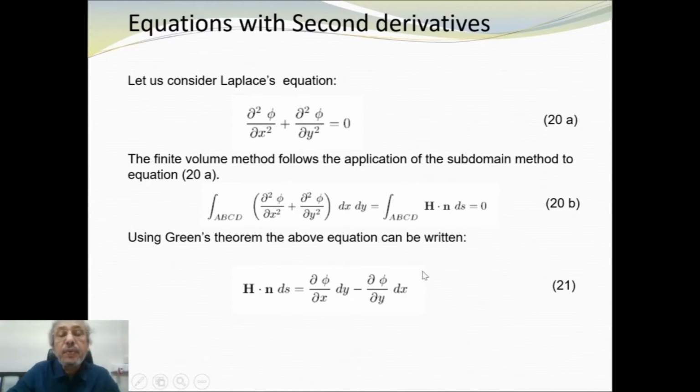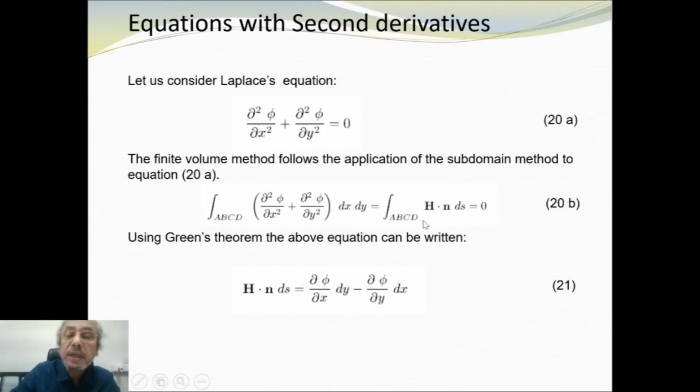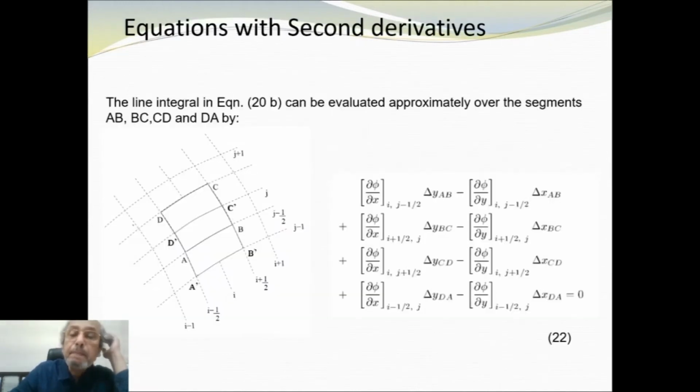This is following Green's theorem, and so we will integrate equation 20b. We have to integrate along the segments AB, BC, CD and DA. So exactly we have done that.